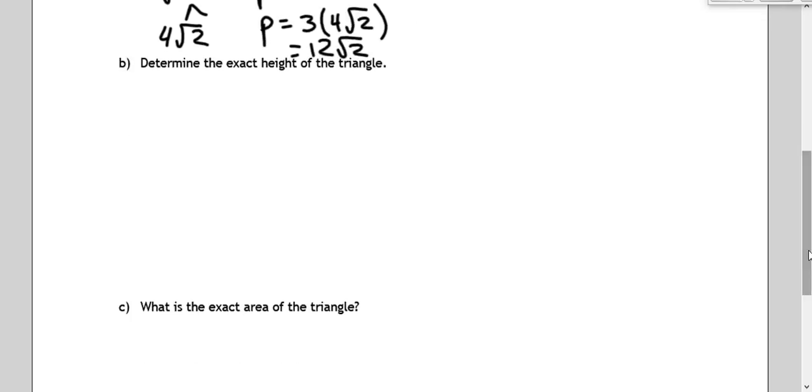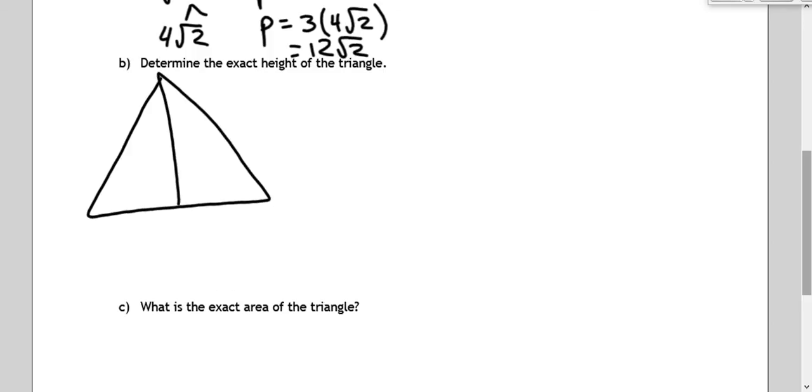Determine the exact height of this triangle. There are 2 different ways to do it, but I'm going to do it with the Pythagorean theorem because I like the Pythagorean theorem, but you're more than welcome to do it using sine, cosine, tan. Remember, this would be 60 degrees here, and this would be 30 degrees here. It doesn't matter which way you do it, as long as you use the right measurement.